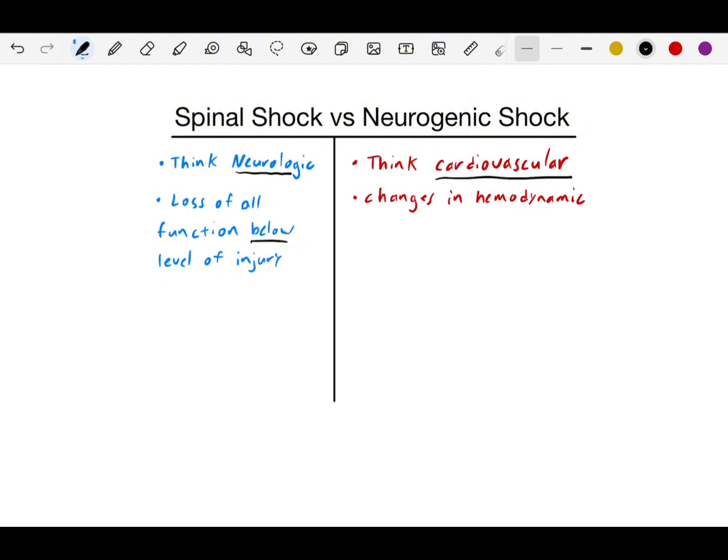So think cardiovascular changes and hemodynamics. Again, that blood pressure less than 90, that heart rate less than 60. If you're talking about neurogenic shock and talking about neurologic findings, you'd be confusing someone, because with neurogenic shock you're thinking about cardiovascular. Spinal shock, you're thinking about actual neurologic findings. So spinal shock, neurologic findings; neurogenic shock, that's a diagnosis you make based on vital signs.